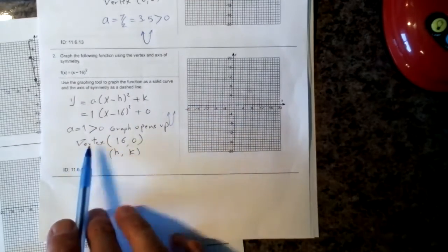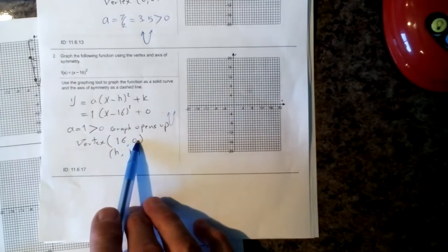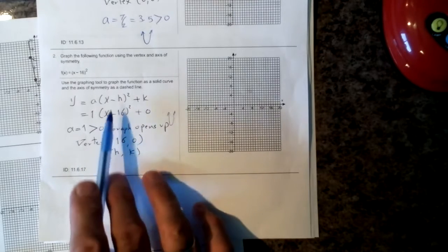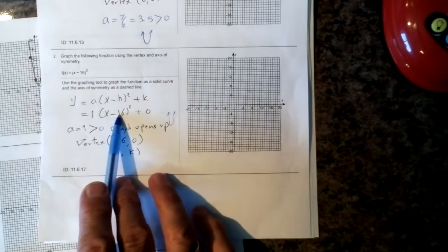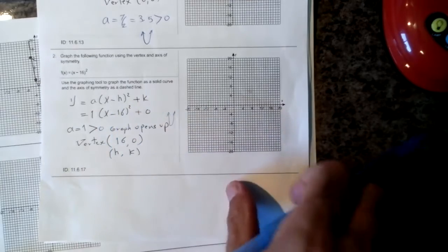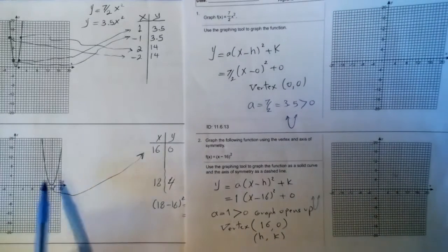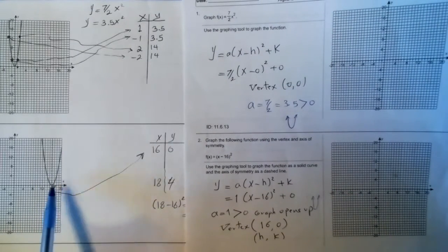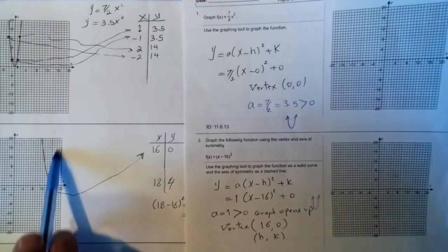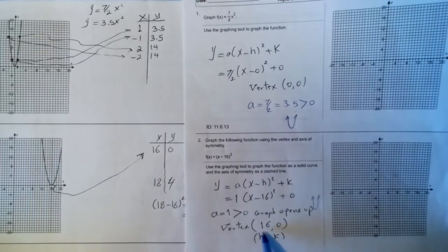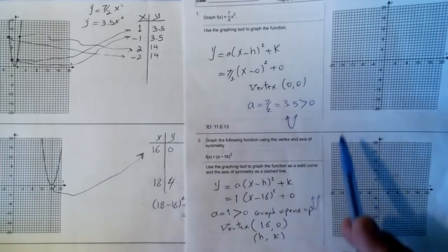And the vertex is 16 and 0. So it's minus h, minus 16 is the h. So that would be the vertex. So you see the graph looks like this. Vertex is 16, x is 16, y is 0, and it opens upward. See, vertex is 16 and 0, and the graph opens upward.